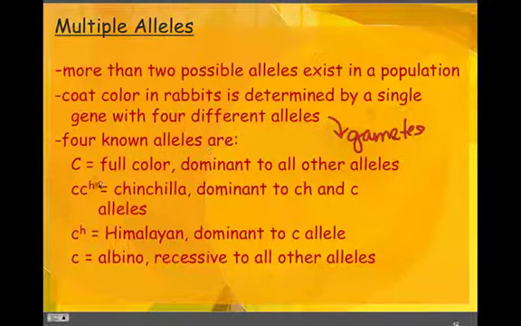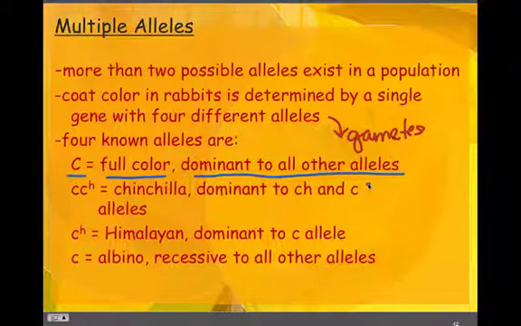The 4 alleles are going to be capital C for full color, which is dominant to all of the other alleles. And when we talk about blood type in the next chapter, we're going to see where multiple alleles play a role in blood type.